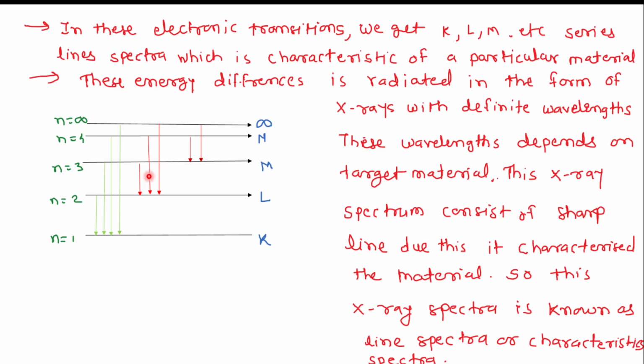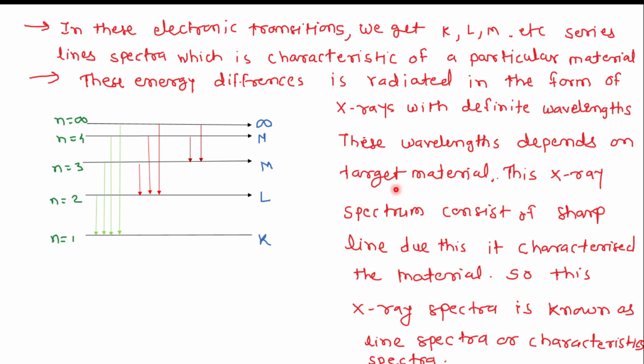So these lines give the characteristic spectra. This energy difference is radiated in the form of X-rays with a definite wavelength. If the electron jumps from this to this, it radiates X-rays with a certain definite frequency or wavelength.